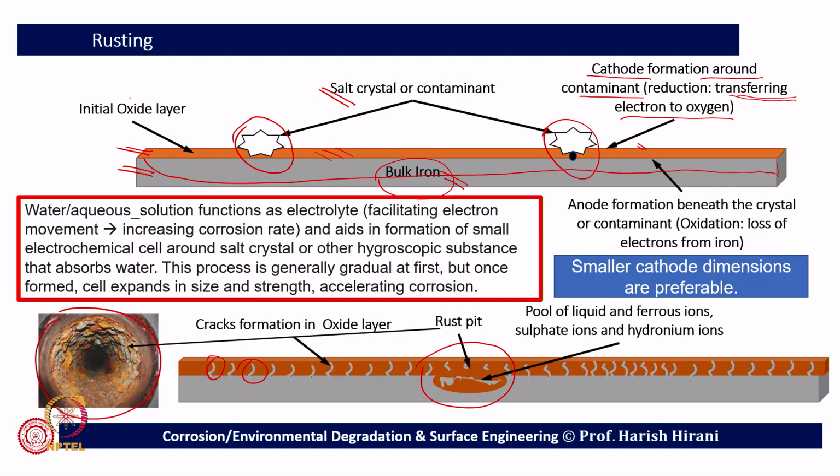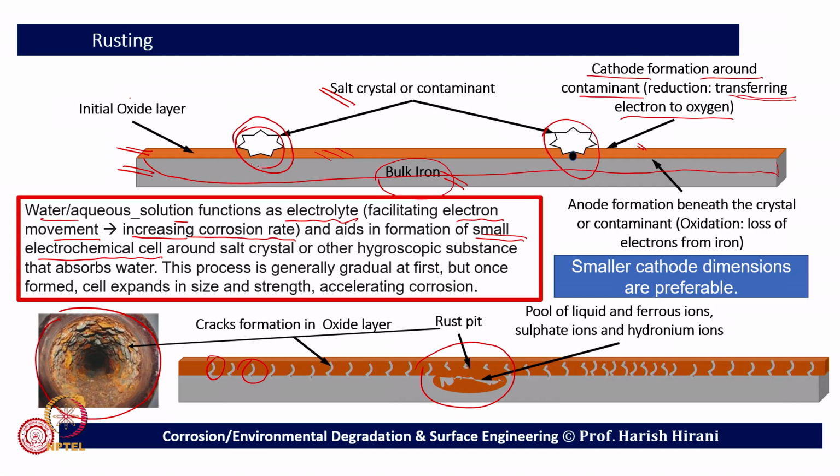Now, if I want to express, we say that in this case water or aqueous solution functions as an electrolyte. What is an electrolyte? It facilitates electron movement, and if I remove this electrolyte, there will be stoppage of the corrosion or maybe a reduction in the corrosion rate. However, in the presence of this electrolyte, the water, the corrosion rate is increasing, and it also allows some sort of small electrochemical cell formation.